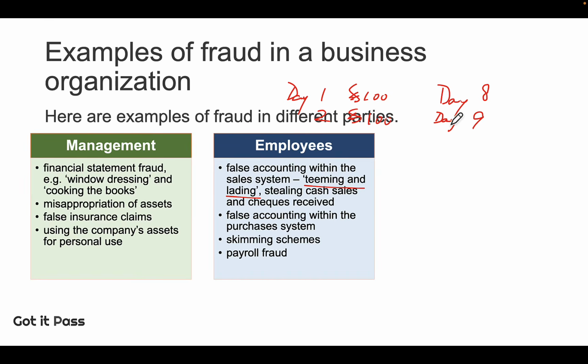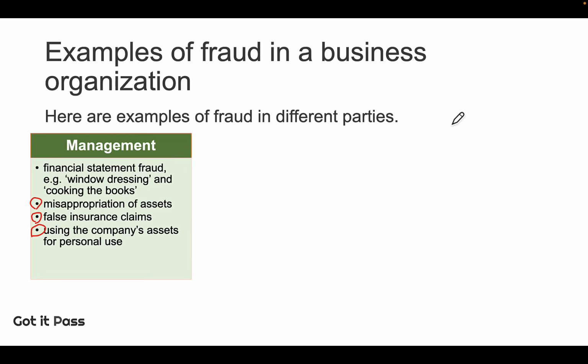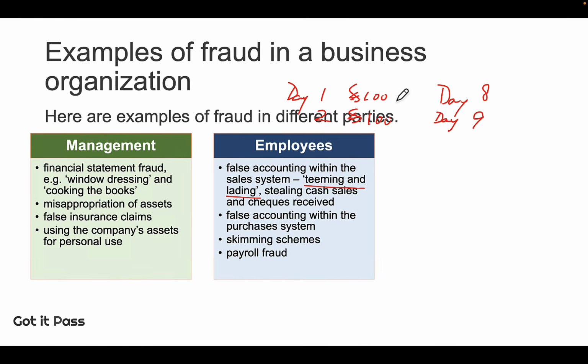If in the systems there's no proper control of the aging of these accounts receivable, in other words, the accountant can reconcile the cash received on day 8 by matching with the sales on day 1. Normally, he should do it, but if the teaming and netting exercise occurred, it means that the cash received on day 8, the accountant will not match with day 1 sales.